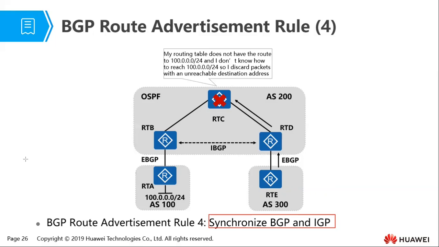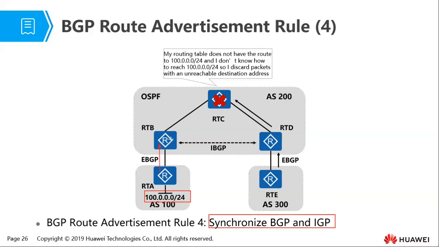So in this example, RTA is connected to this network segment. Now, RTA goes ahead to advertise that network segment to RTB. It advertises it to RTB.